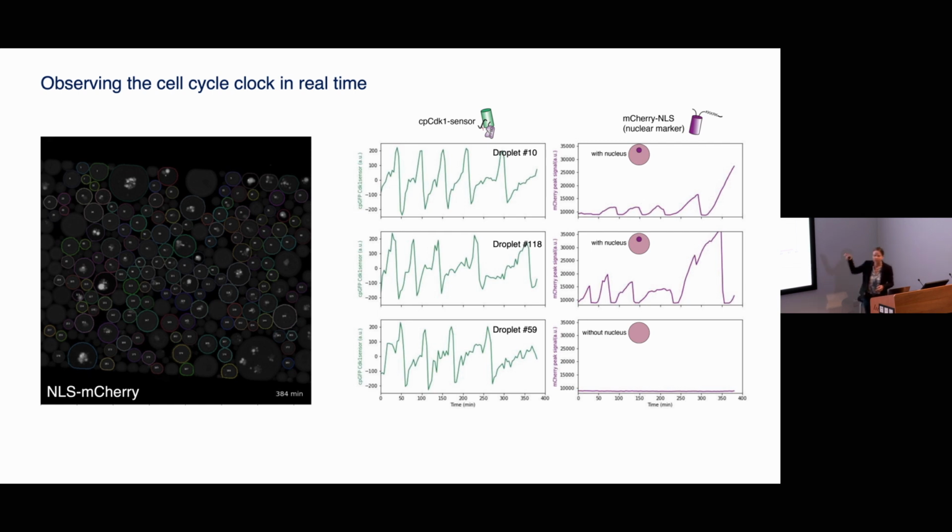Importantly, this has nothing to do with actually the presence of the nucleus. So we always get some droplets which don't have any nucleus because the DNA actually is distributed with a Poisson distribution in these droplets. So even if we have a droplet which doesn't have any nucleus and therefore doesn't show these oscillations in the nuclear intensity, we still get these oscillations.